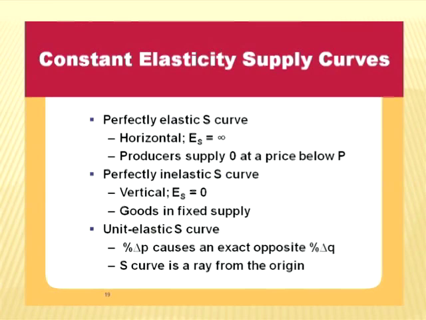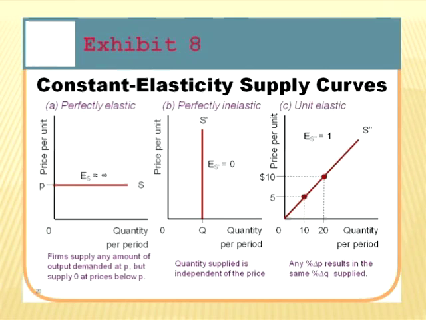Here too, we still have constant elasticity supply curves, similar to last time. So we have perfectly elastic ones, and it's going to turn out that there's an entire category of industry which is perfectly elastic, and we'll come back to that one again. We have perfectly inelastic, exactly as before. Perfectly inelastic in this case might be an occasion in which the particular item being supplied is limited in quantity.